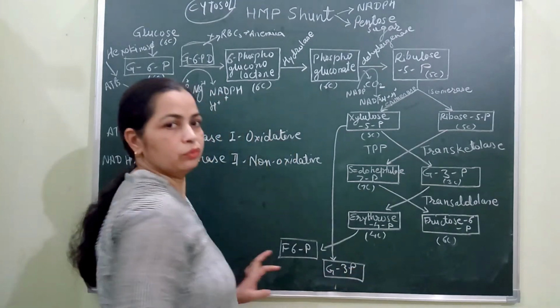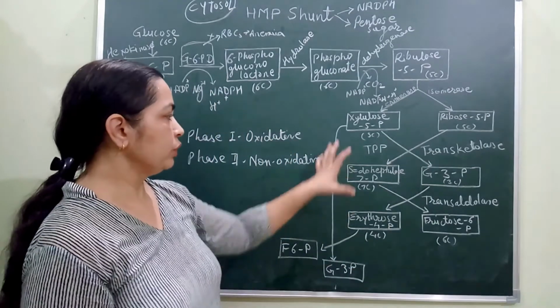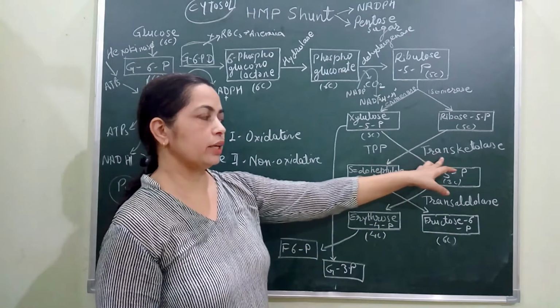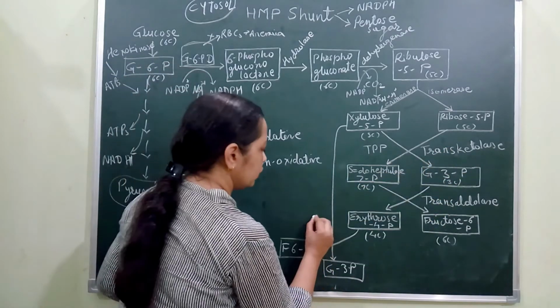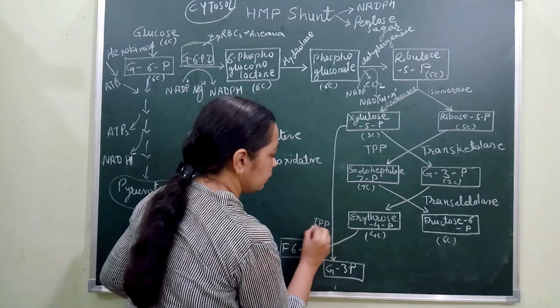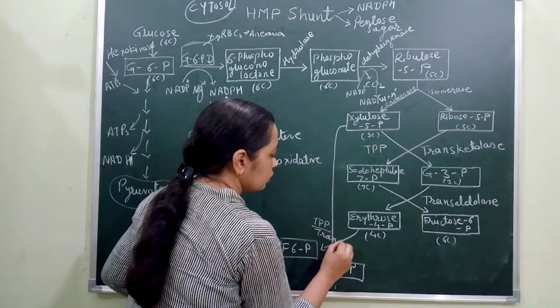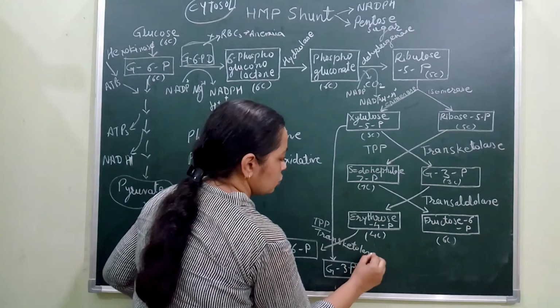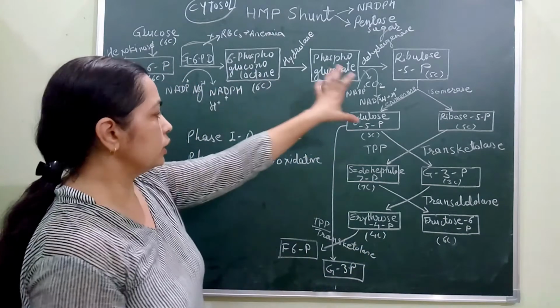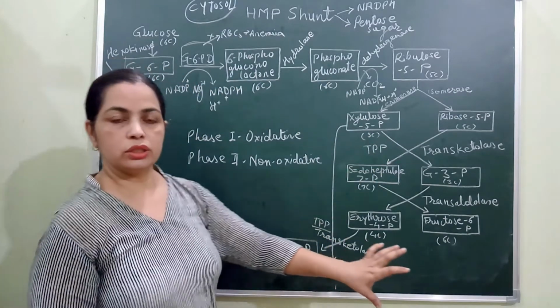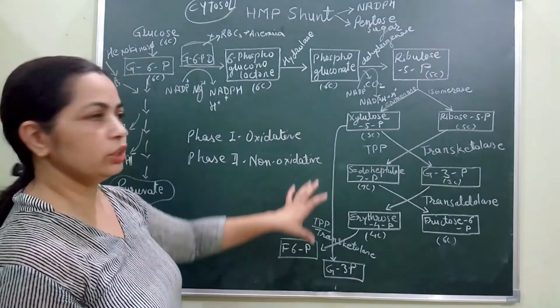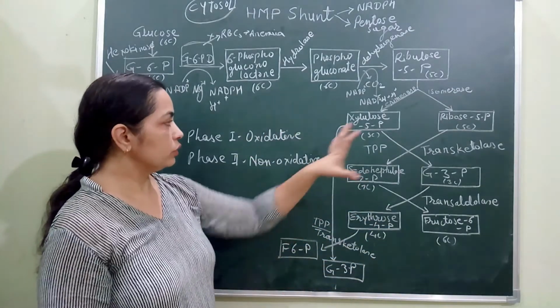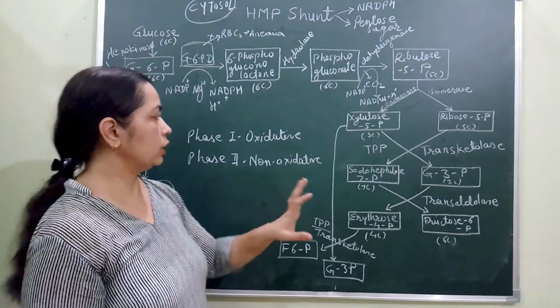So we get again one glyceraldehyde 3-phosphate here. And this reaction is also catalyzed by the same enzyme transketolase with the help of the cofactor TPP. So in this way the complete non-oxidative and oxidative phase occurs.